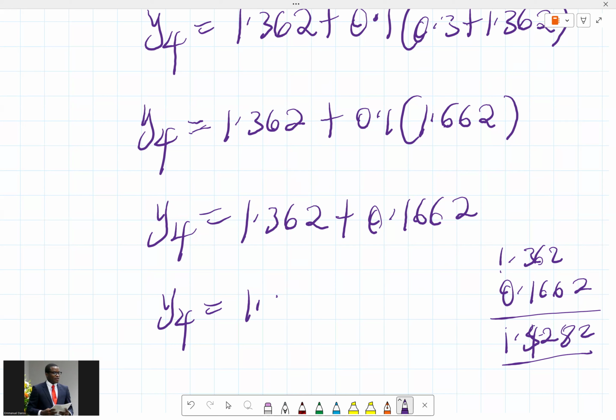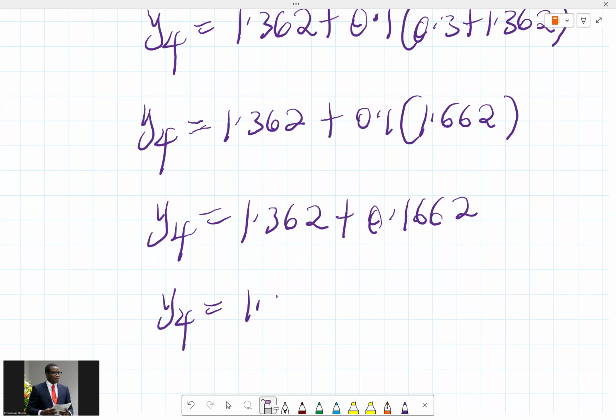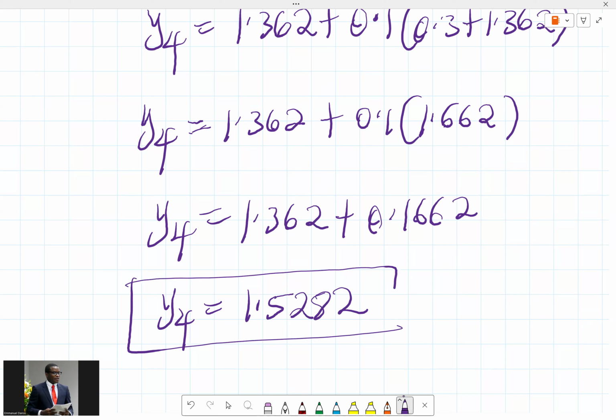Yeah, 1.5282. So that's 1.5282 for that side.